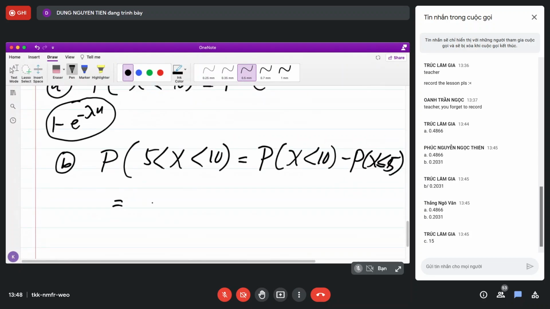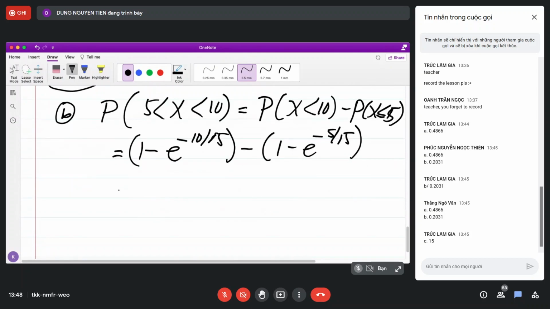So you get 1 minus e to the power minus 10 over 15, minus 1 minus e to the power minus 5 over 15. So you come up with e to the power minus 1/3 minus e to the power minus 2/3. Do you understand? Is that clear?